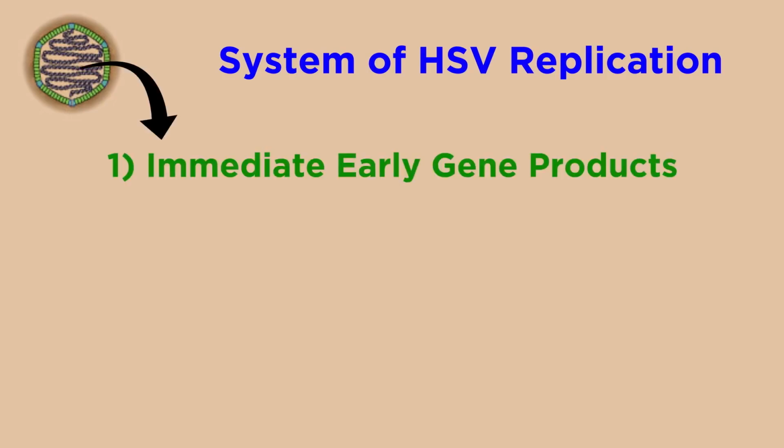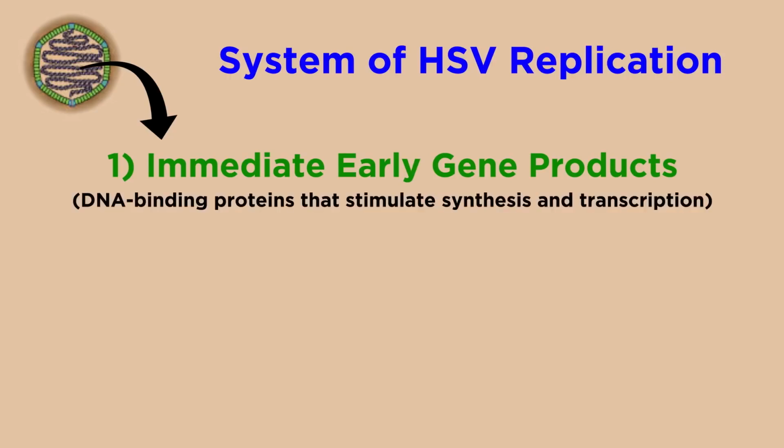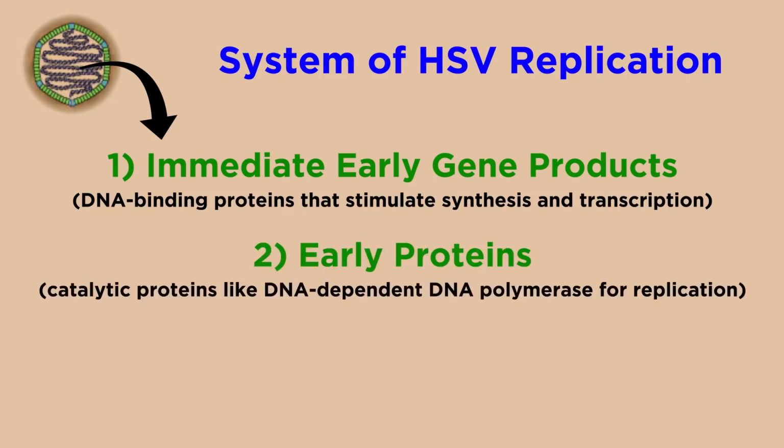The first things created are what we call the immediate early gene products. This includes DNA-binding proteins, which help stimulate DNA synthesis and transcription. Next up are the early proteins, which include catalytic proteins like DNA-dependent DNA polymerase to kickstart DNA replication.